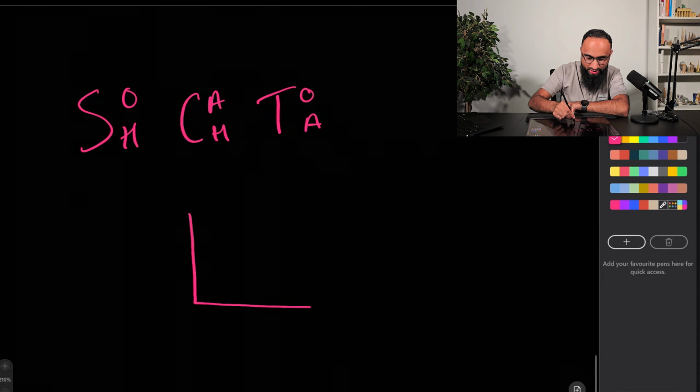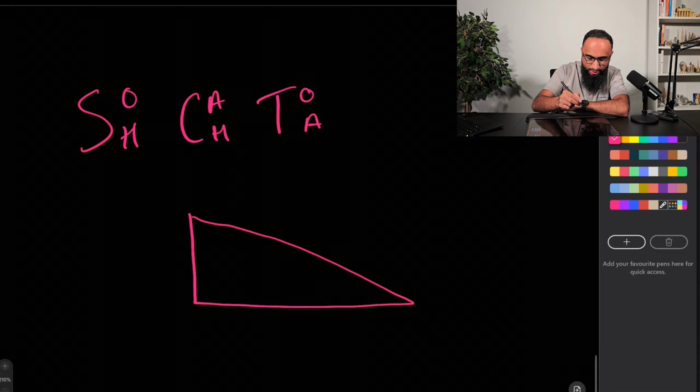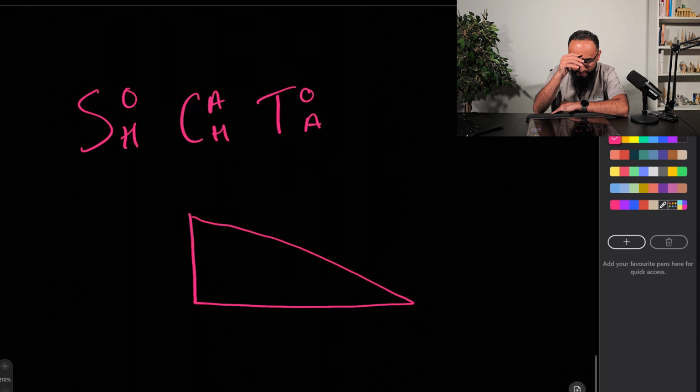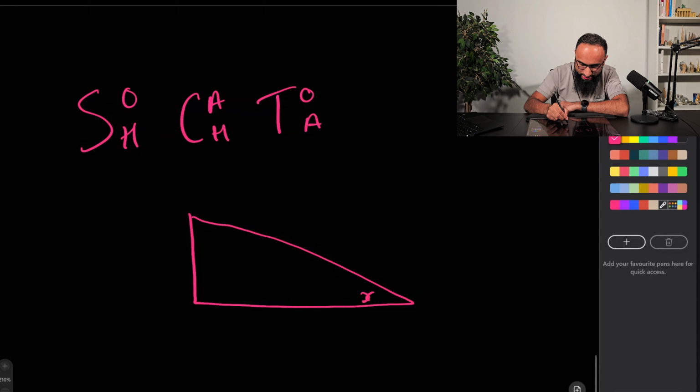Imagine you have this triangle here, and imagine this is the angle x. But what I'd want you to imagine is that x is a corner that you're standing in. Or I'd want you to imagine that it's a bedroom in the corner of your house somewhere.